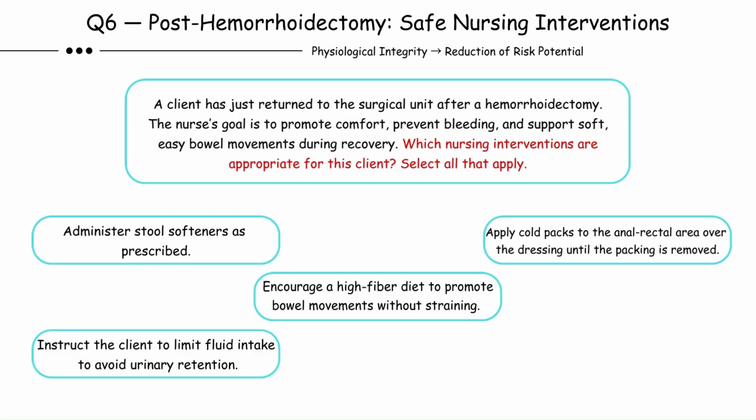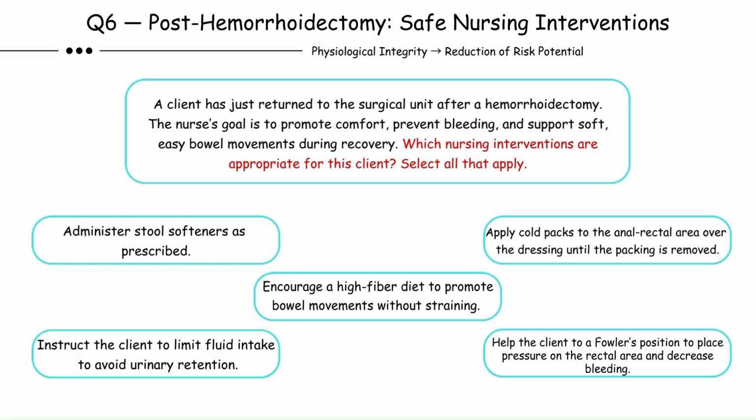Apply cold packs to the anorectal area over the dressing until the packing is removed. Option 5. Help the client to a Fowler's position to place pressure on the rectal area and decrease bleeding. The correct answers are Option 1, Option 3, and Option 4.